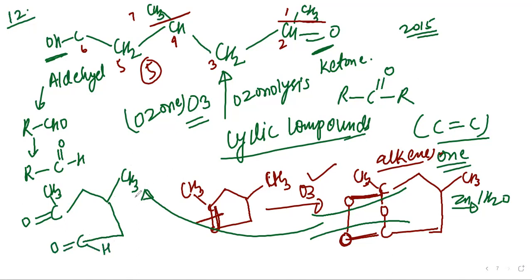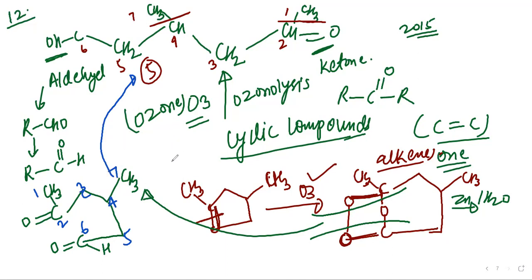Right. When you expand this compound, it will be exactly the same. So you can count from here. This is 1, this is 2, this is 3, this is your carbon also, 3, this is your 4, 5, 6, and this is your 7. So total 7 carbons are there, right?